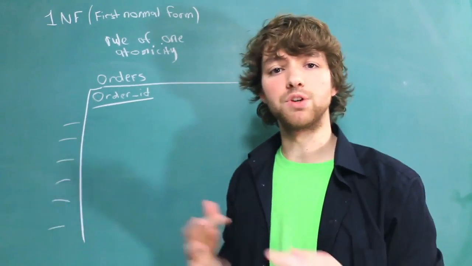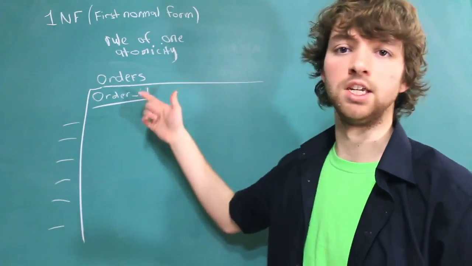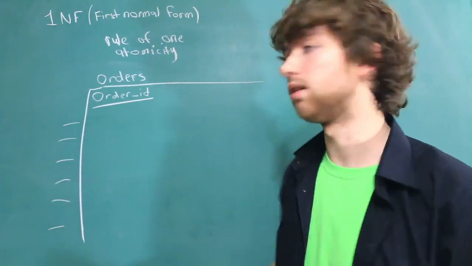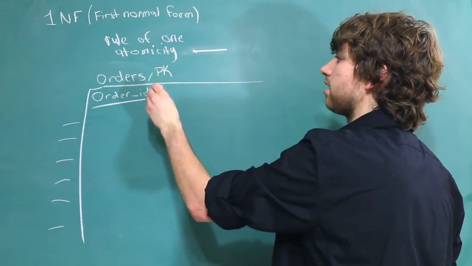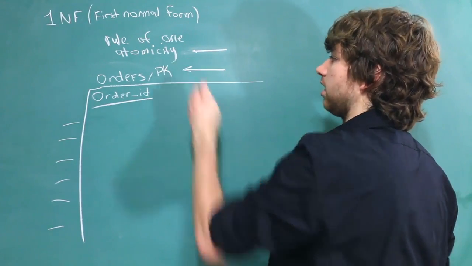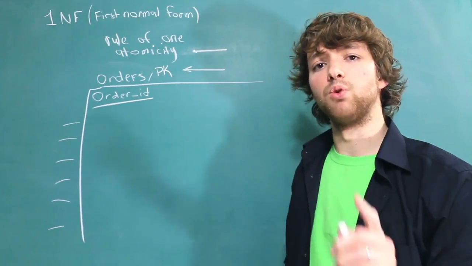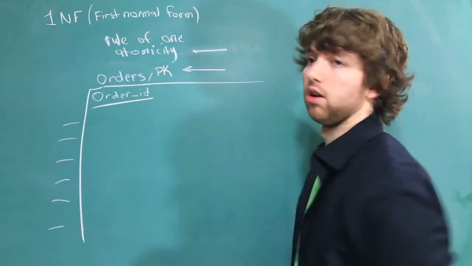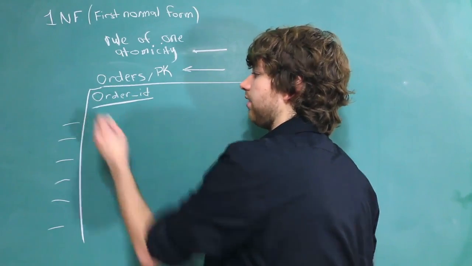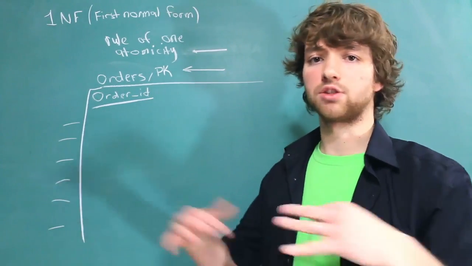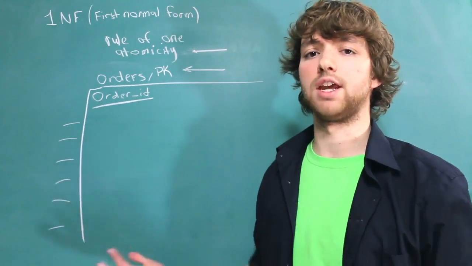The way we distinguish orders is using an ID or some kind of primary key. So for first normal form, we need to make sure things are atomic and everything has a primary key. That means every table needs to have a primary key column. In this situation, we're using what's known as a surrogate key, and that's just an ID. It has no real-world meaning, it's just for the database's sake.